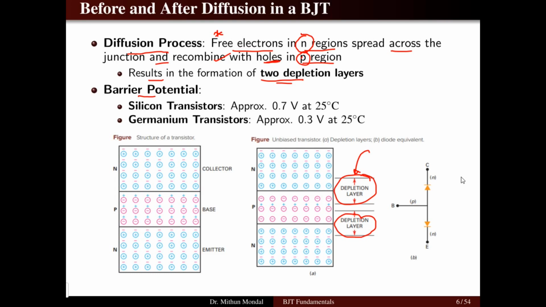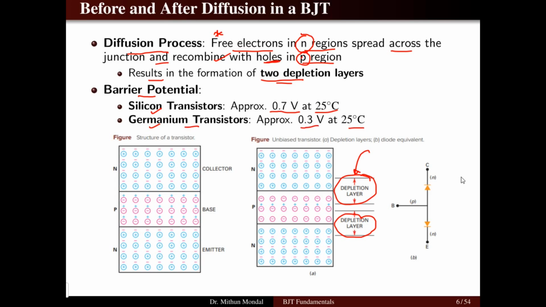Barrier potential, when we talk about it, is due to the combination of electrons and holes in two important semiconductor devices, one made up of silicon, another of germanium. So when you have the silicon transistor, the barrier potential will be approximately 0.7 volt at room temperature, 25 degrees centigrade, whereas for the germanium transistor it will be approximately 0.3 volt at 25 degrees centigrade.